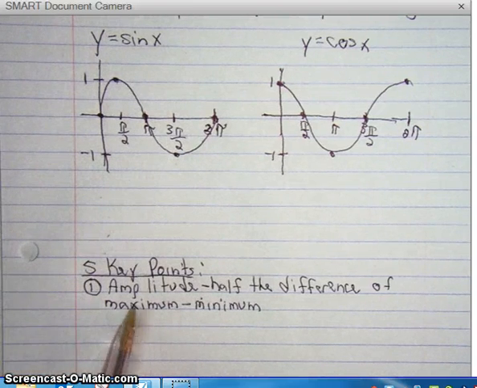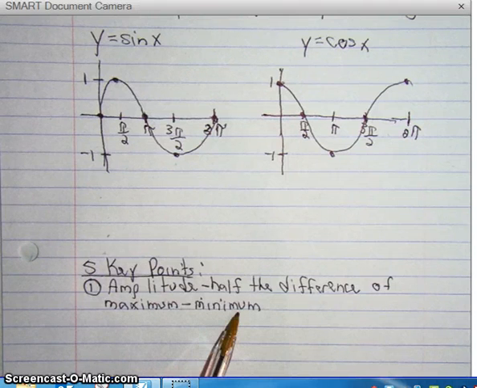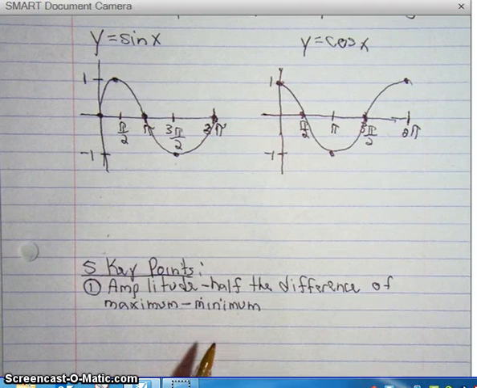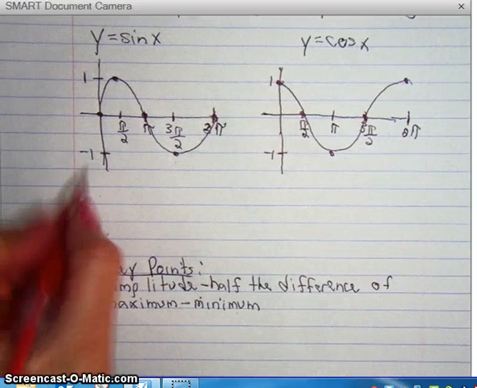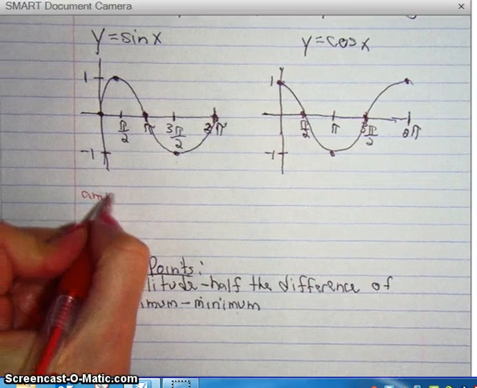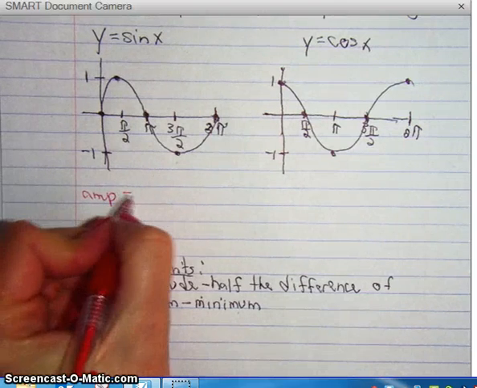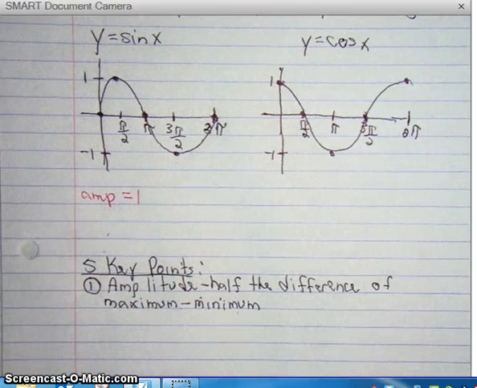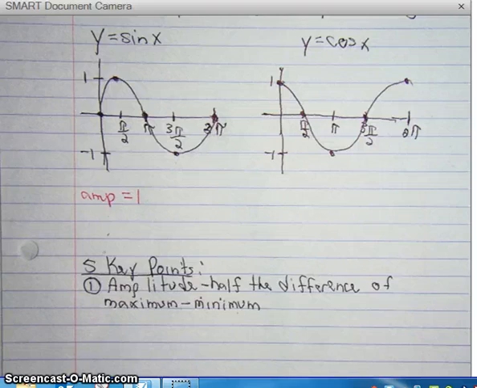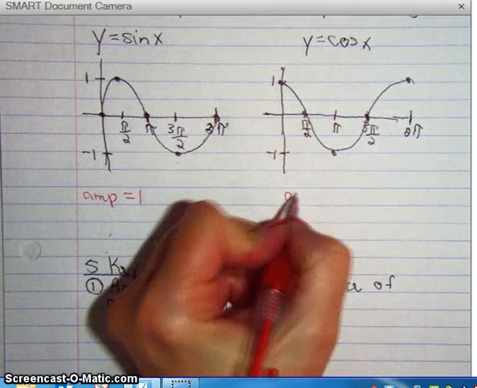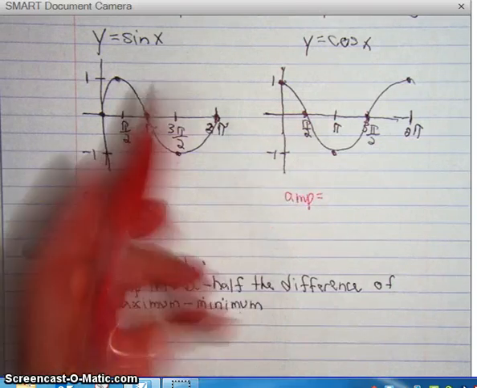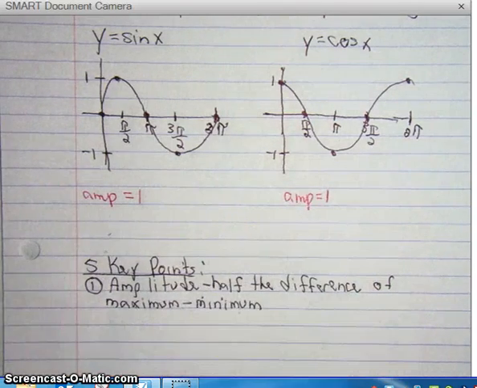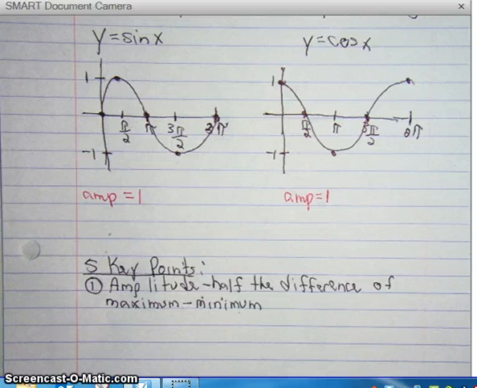So what's 1 minus -1? 2. What's half of 2? 1. So we have just discovered that the amplitude, and you can abbreviate it like that, of the sine curve is 1. What about cosine curve? 1 minus -1, so amplitude is 1. Good.